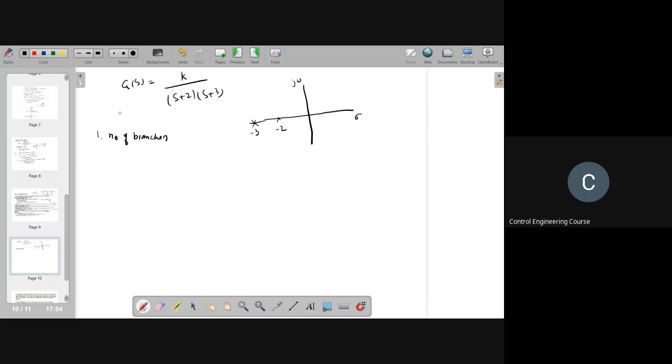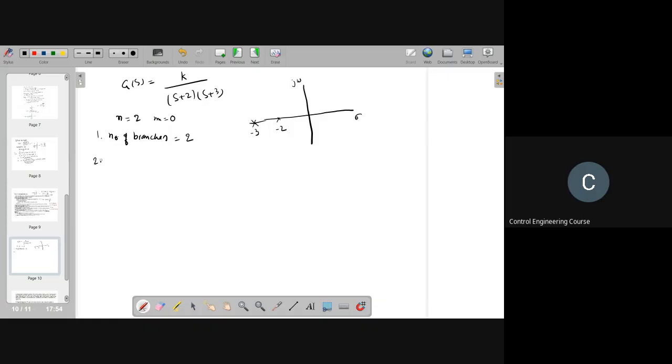Here n is equal to 2 and m is equal to 0, where n is the number of poles and m is the number of zeros. The number of branches will be the order of this equation, the number of poles, which is 2 here. So the number of branches will be 2.